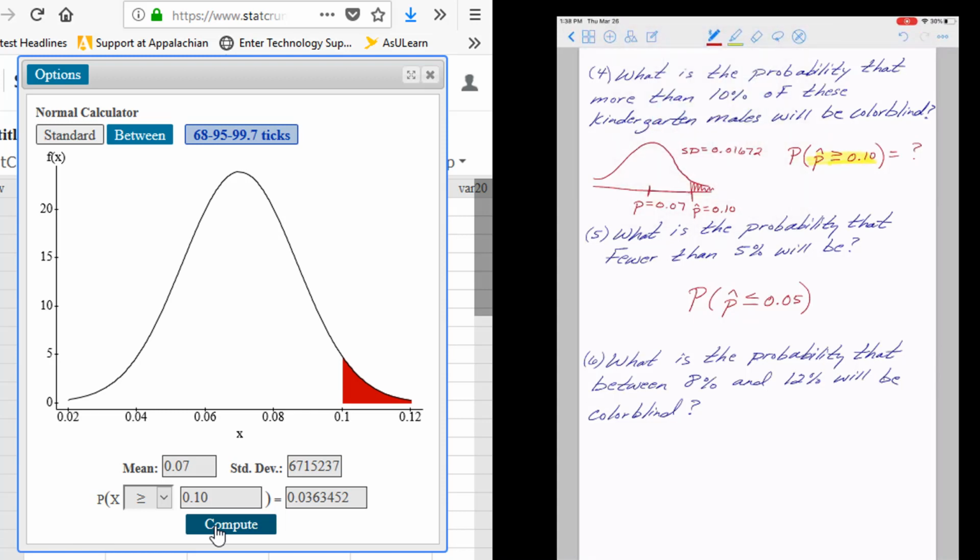So this right here is the sampling distribution of p hat. My x bar is talking about proportions. And it's sampling distribution proportions going along that, right? So that's why inside we have p hats, because that's what we're talking about.